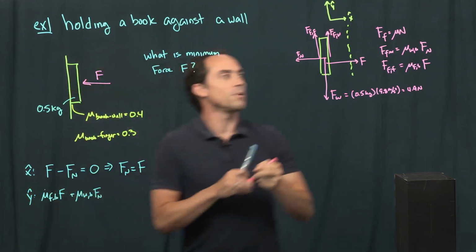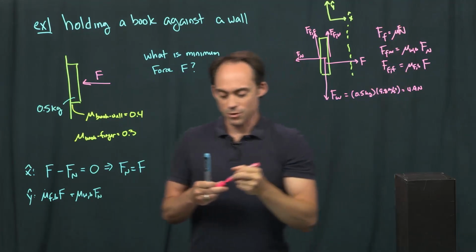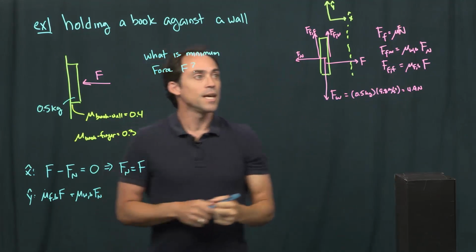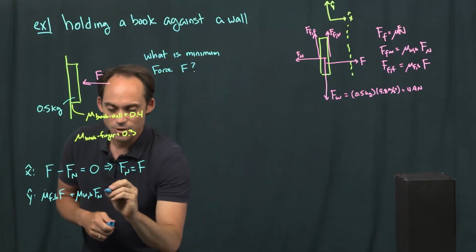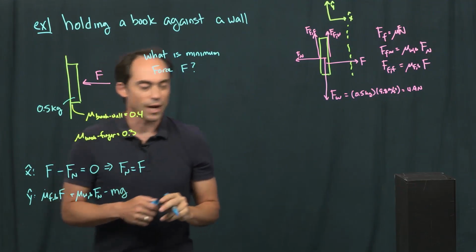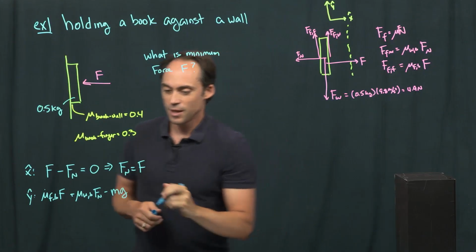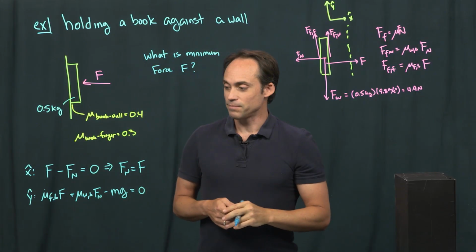And then we have the weight pointing down. That's just equal to minus mass of the book times g, which we've already figured out to be 4.9 newtons. And that also has to equal 0 because we have a statics problem.